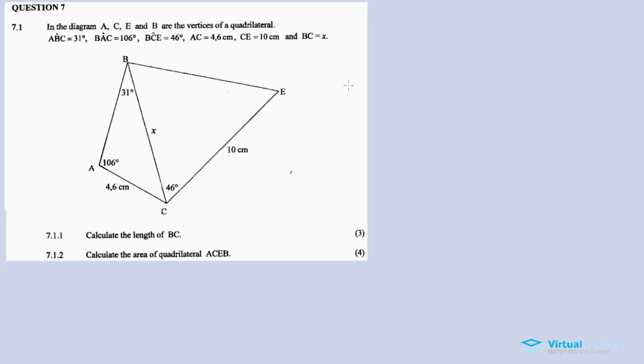BAC is 106 degrees. BCE is 46 degrees. AC is given as 4.6 centimeters, CE is 10 centimeters, and BC is x. In 7.1.1, we need to calculate the length BC. We want the length BC, or the value for x.